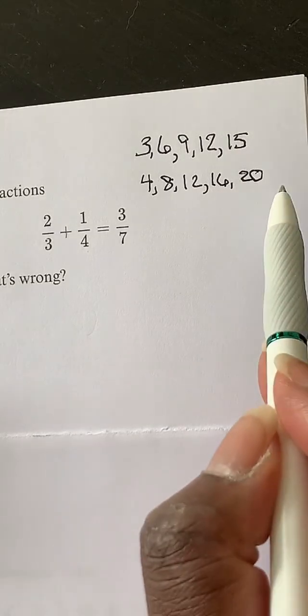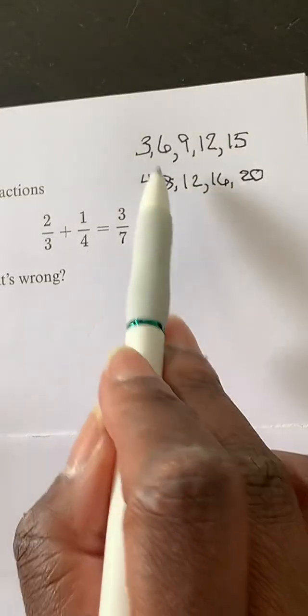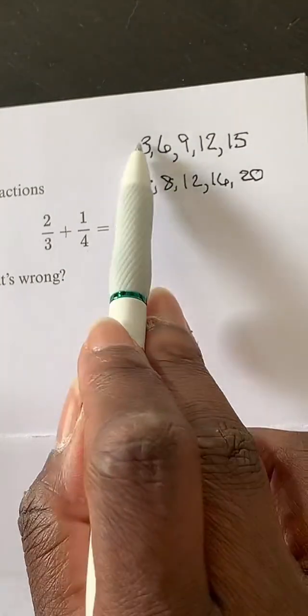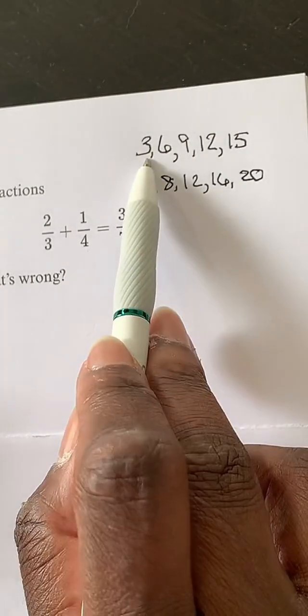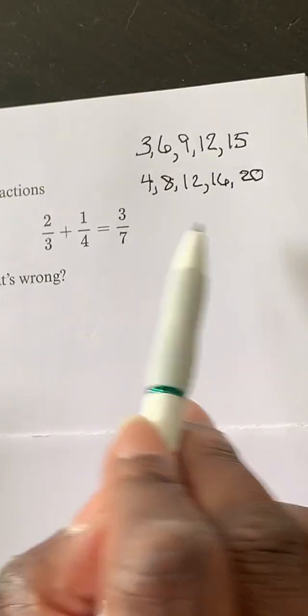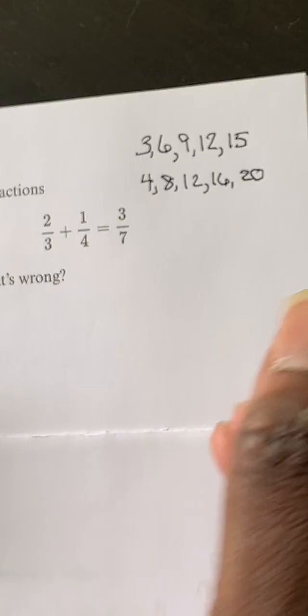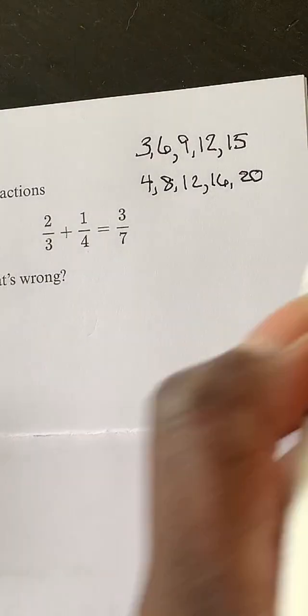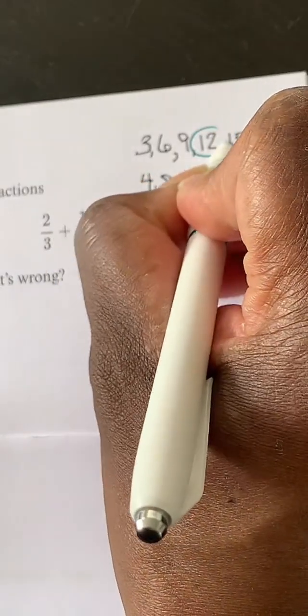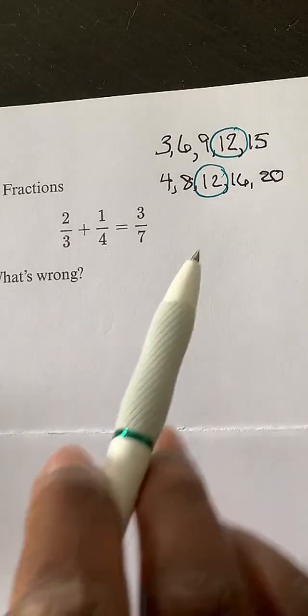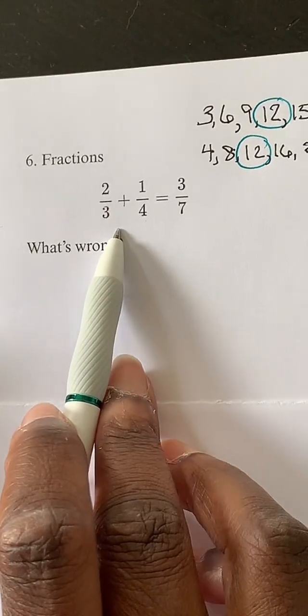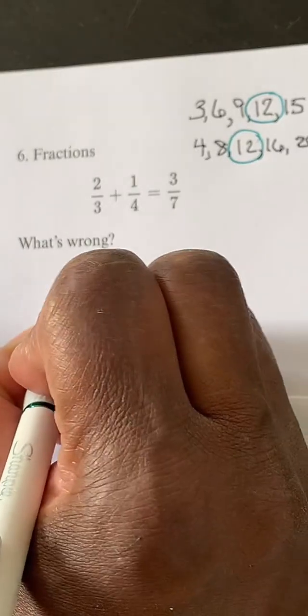We want to know the lowest number. I know I can keep going because we also have 24 in common, but the lowest number that they have in common is 12. So we're going to make our new denominators 12.